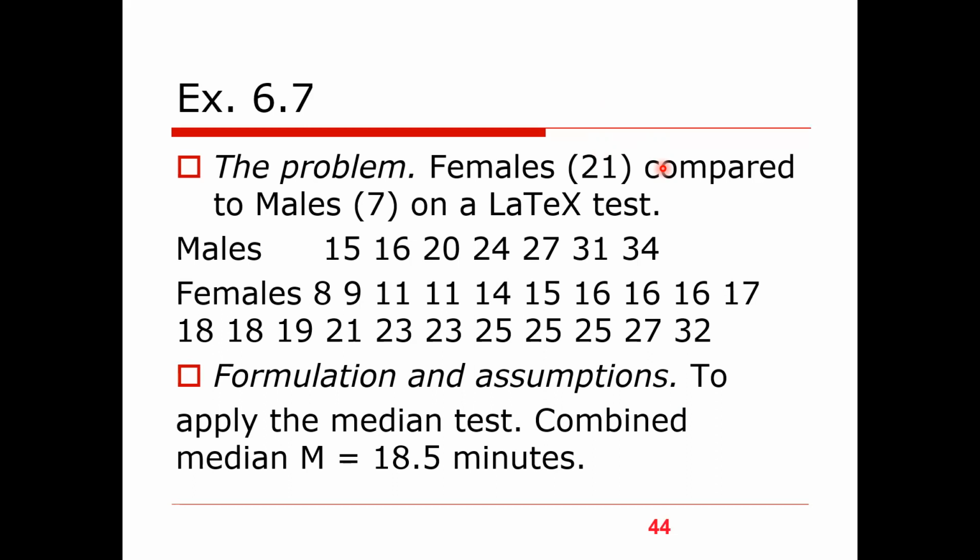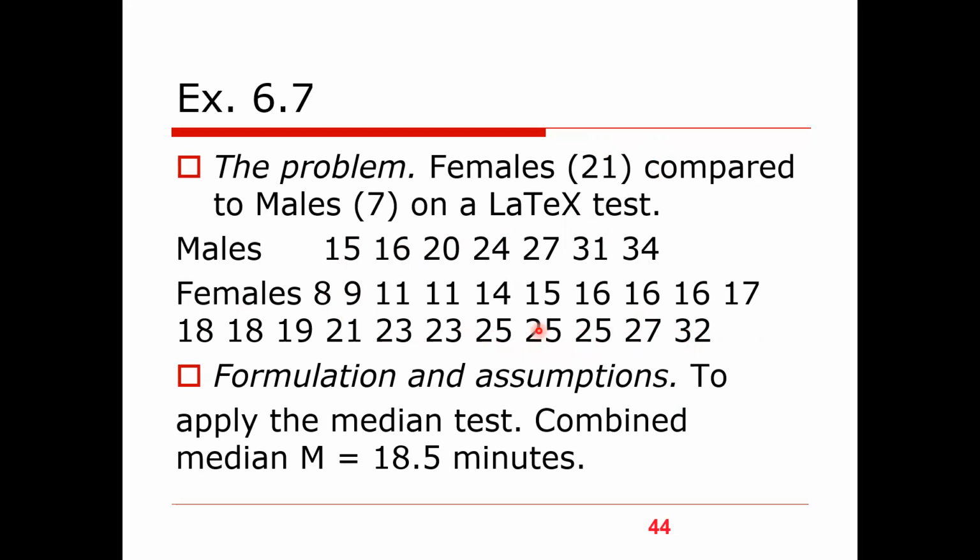The time in minutes that each one took to finish the test, to set up the page correctly, is here. 6 males, 15 minutes, 16 minutes, and so on. 21 females, from 8 minutes to 32 minutes, and there are some ties in between.